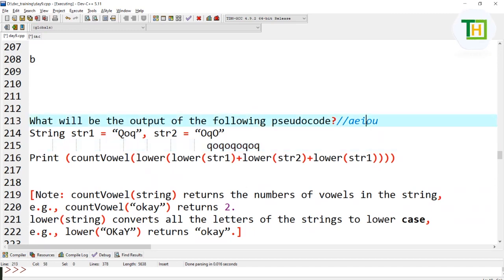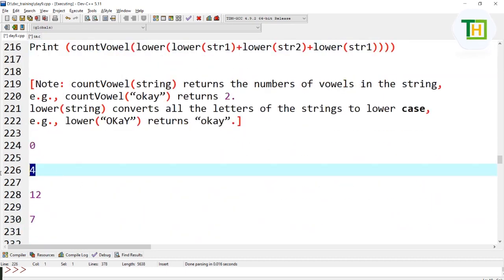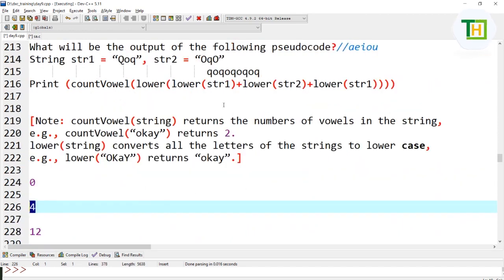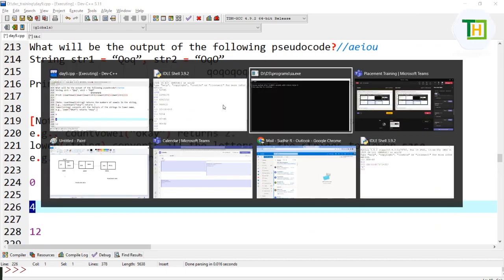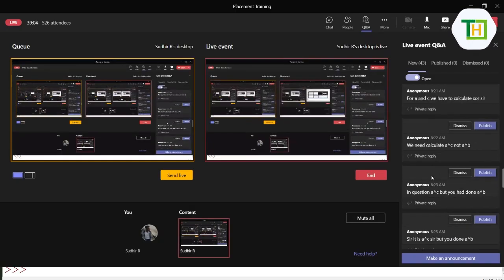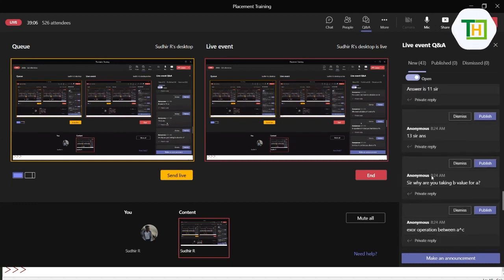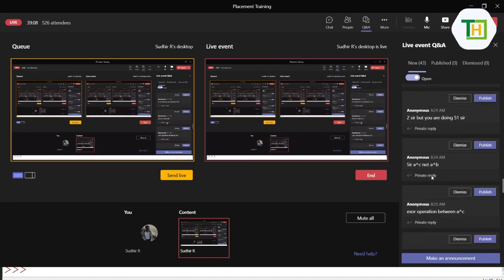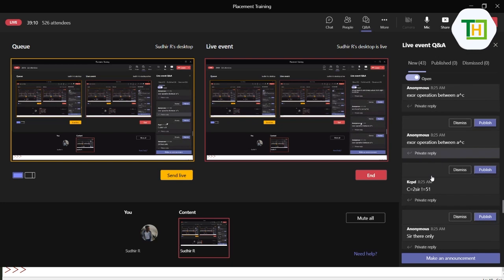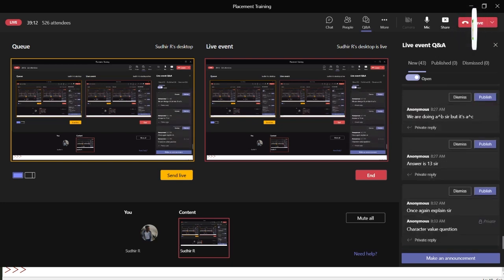There is only O, right? How many times is O repeated? 1, 2, 3, 4 times it is repeated. So the answer is going to be 4. That's why the answer is going to be 4 here.